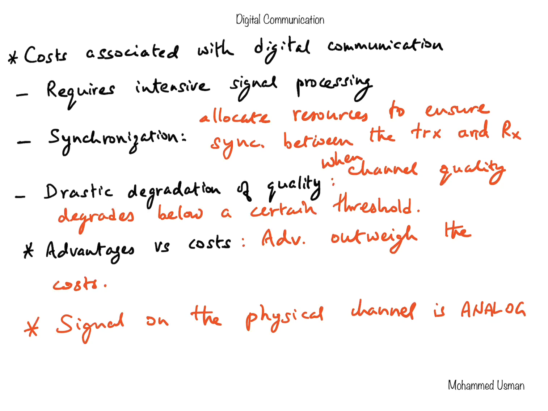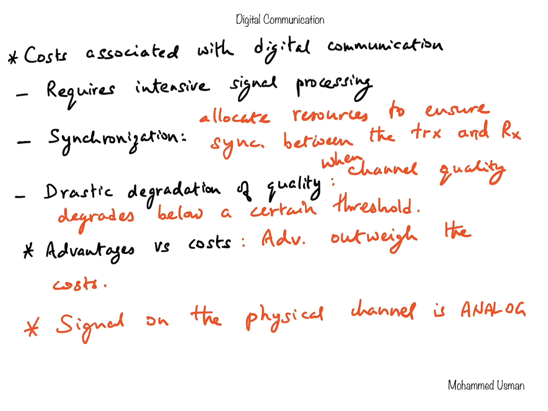And then just before sending the data out from the transmitter, it is converted back to analog, and that analog representation is put on the physical channel. So even in a digital communication system, the signal that goes on the physical channel is still analog.